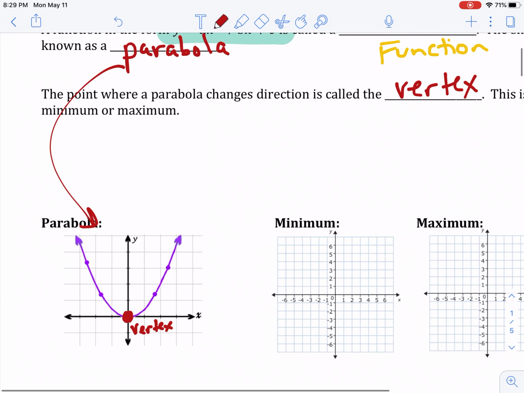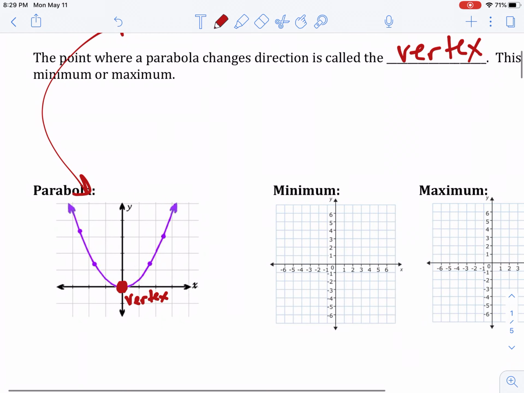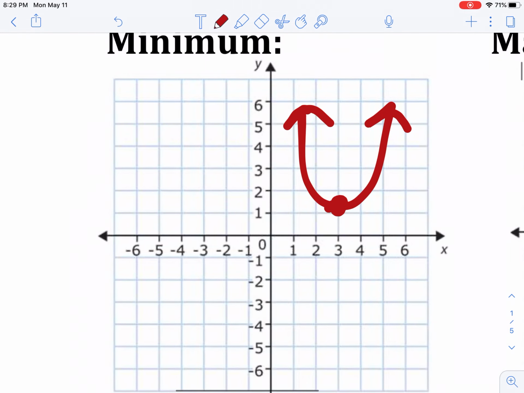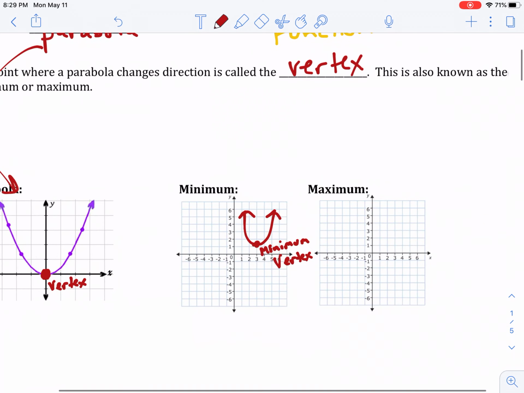This is also known as the minimum or maximum. So you could draw parabolas 2 different ways. You could draw them so they open upwards like this. In that case, you would have a vertex that is a minimum, because it's at the bottom, right? Or you could also draw a parabola that goes upside down like this.